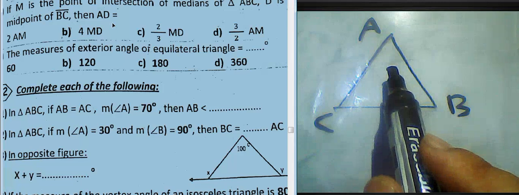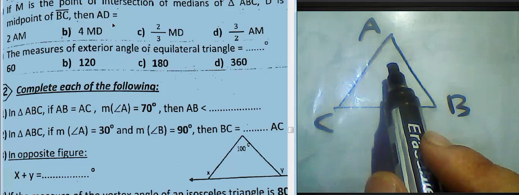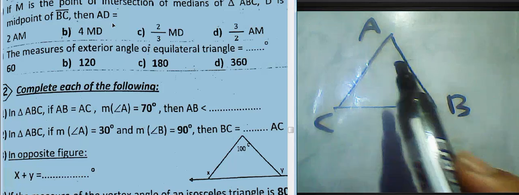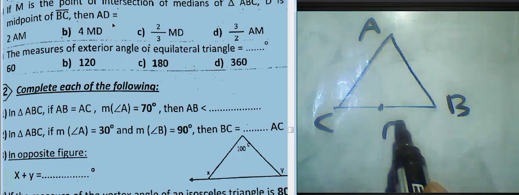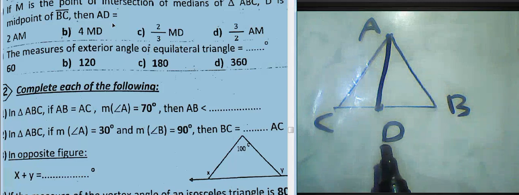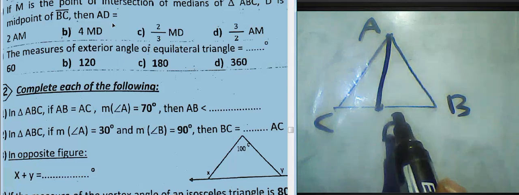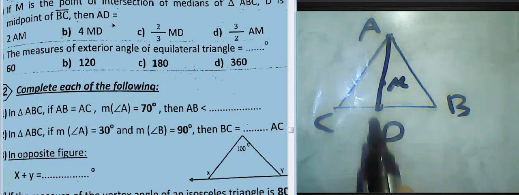Okay, and here we want to find AD equals blank, where D lies at the midpoint of BC. And he asked about AD and its relation to AM, where AD here is the median.